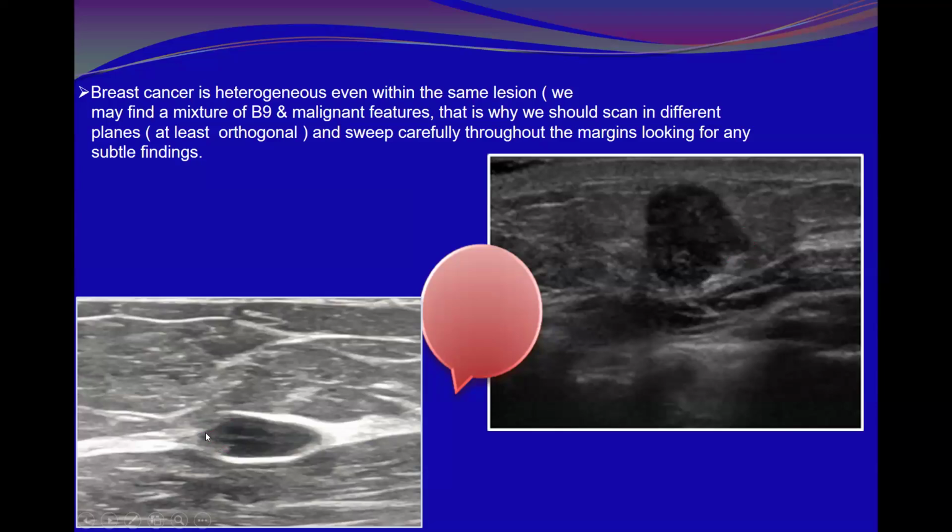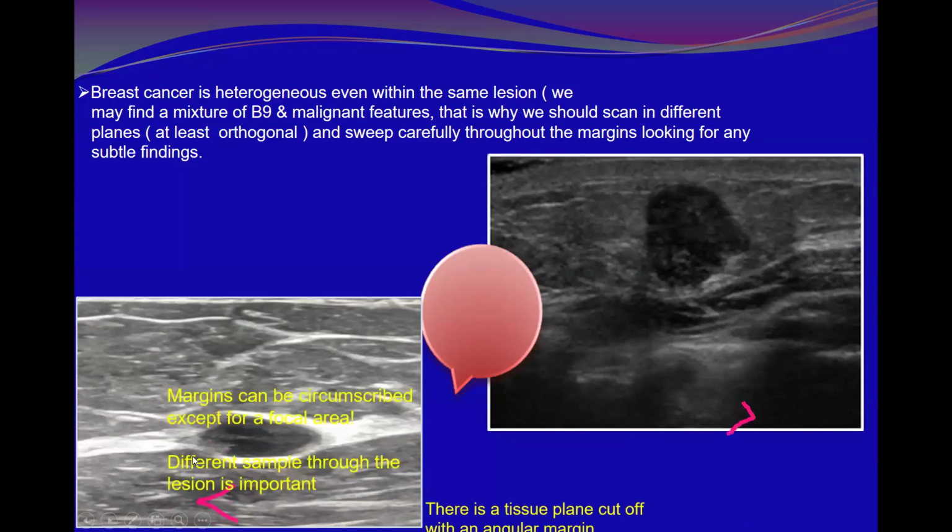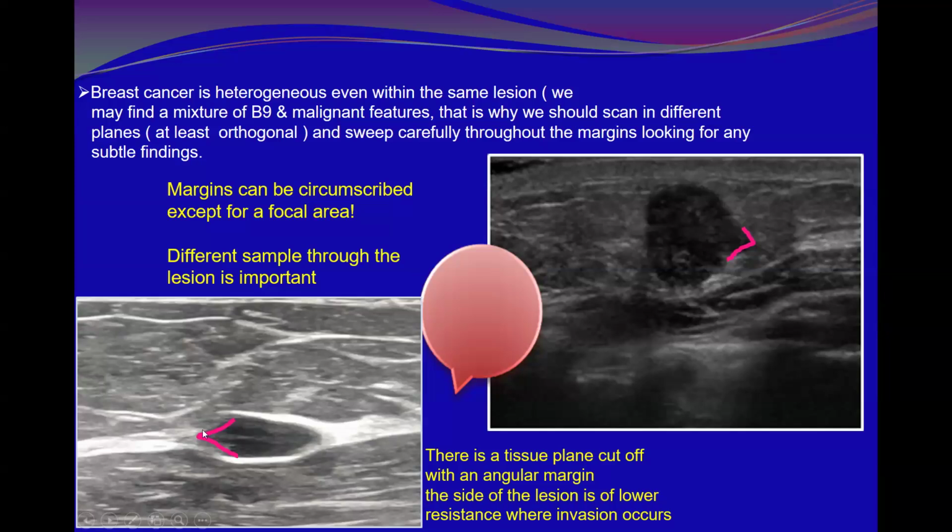And what about the margins of the lesion here? So I have angular margin and there is cutoff of the tissue plane. The cutoff sign, do you remember the cutoff sign? Yes, cutoff sign.